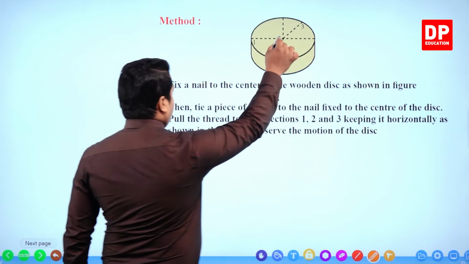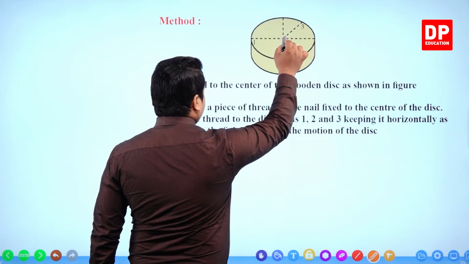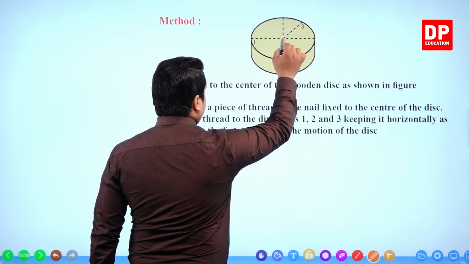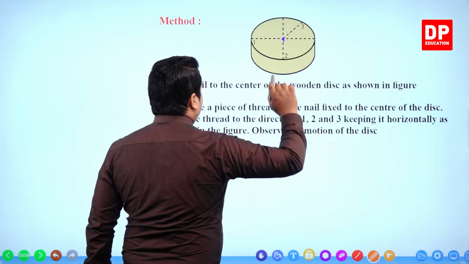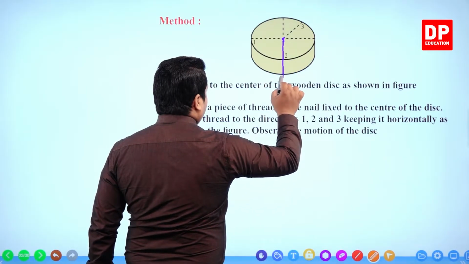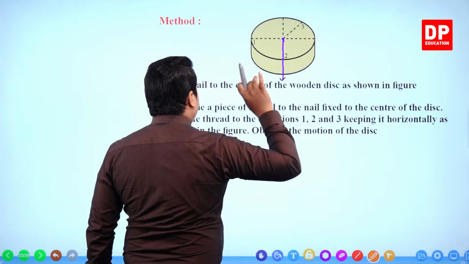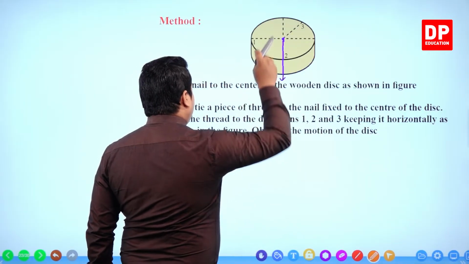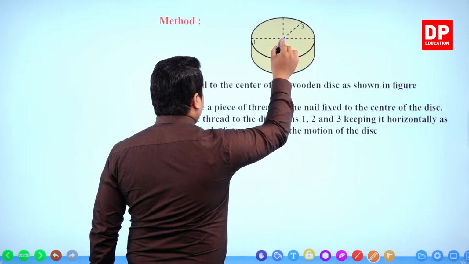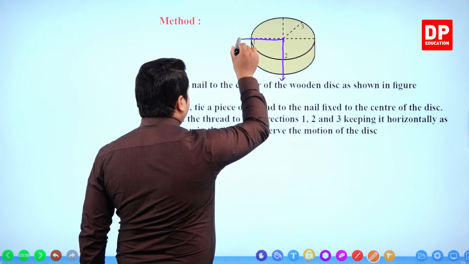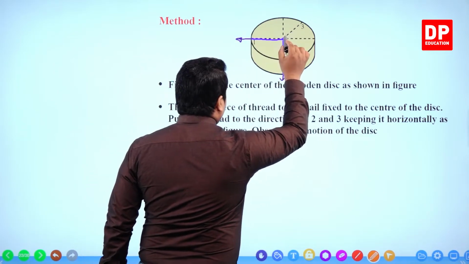On this iron nail you have to tie a piece of thread, then pull to number 2, pull to number 1, pull to number 3.